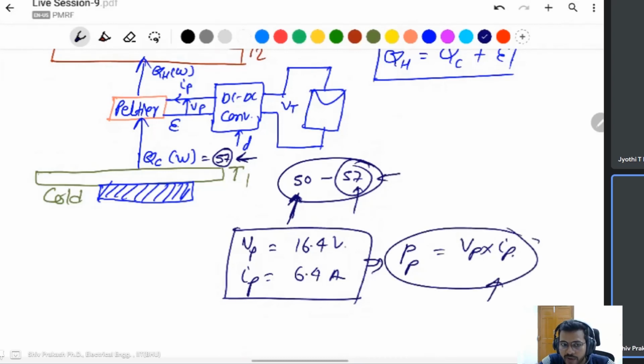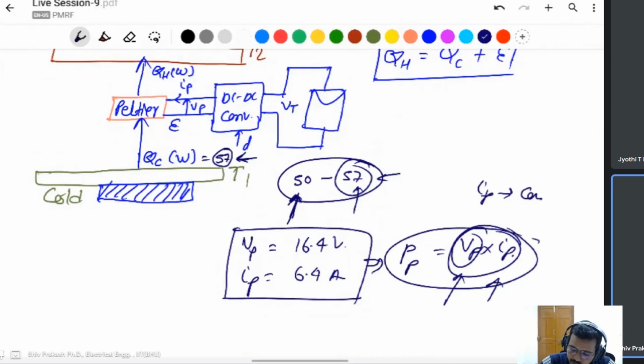But in any condition, it will continuously supply the power because our voltage is connected at 20 volt and resistance. Current will be fixed. That's why VP will be fixed, because the resistance is fixed and the voltage supply is 20 volt. This much power is continuously supplied through the Peltier device.